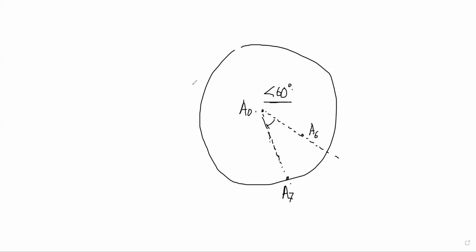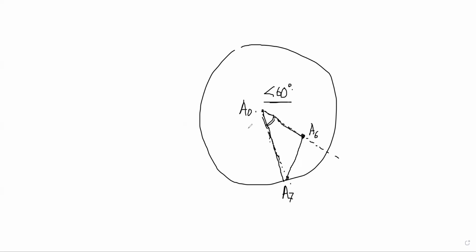Now think about it. What we will do is join A6 to A7, A0 to A7, and A0 to A6. So we have a triangle here. We know this angle is less than 60 degrees.